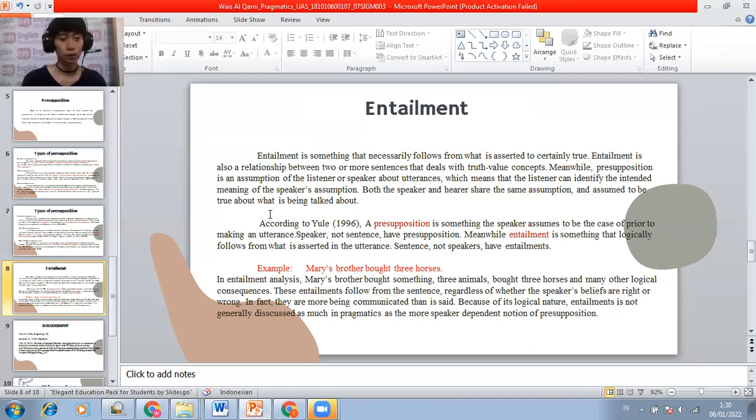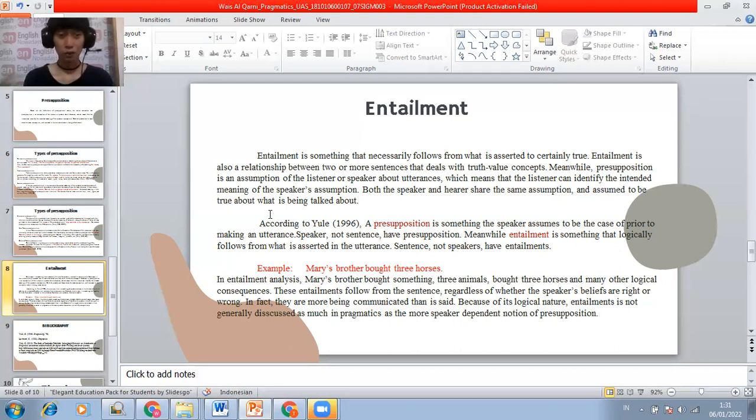That is, the speaker presupposes the sentence or the utterance. Meanwhile, the entailment is something that logically follows from what is asserted in the utterance. So entailment means sentences have the entailments, not the speaker.